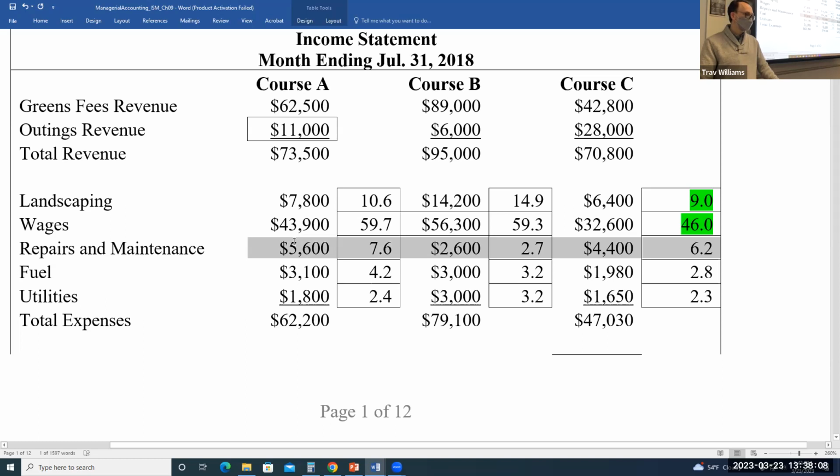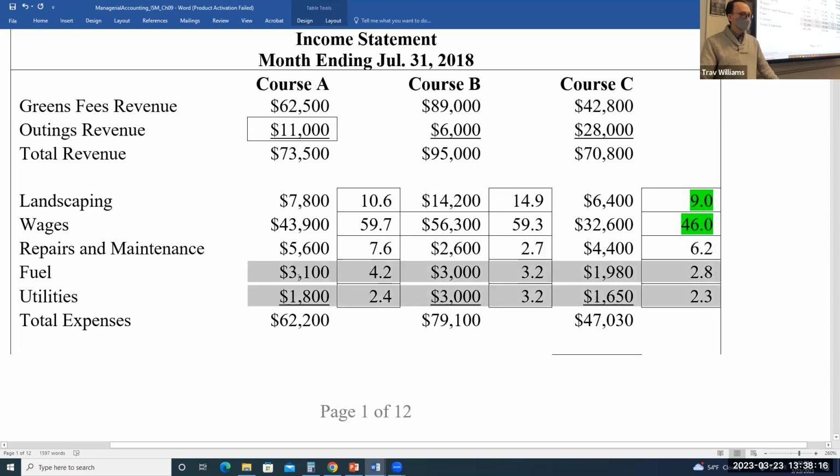Also, it's a low dollar amount, so it wouldn't hurt, but it's probably not top priority. And here the costs are kind of in line with one another. They're not that different from course to course. But I would say definitely we'd want to look into why the landscaping costs and the wage costs are so much lower for course C.